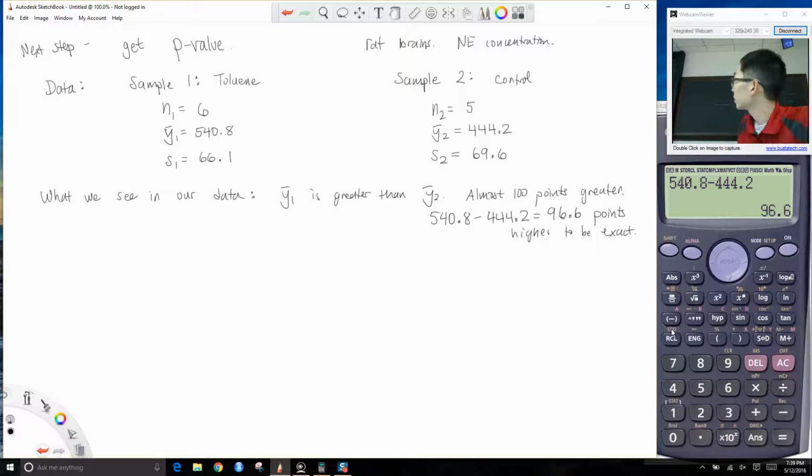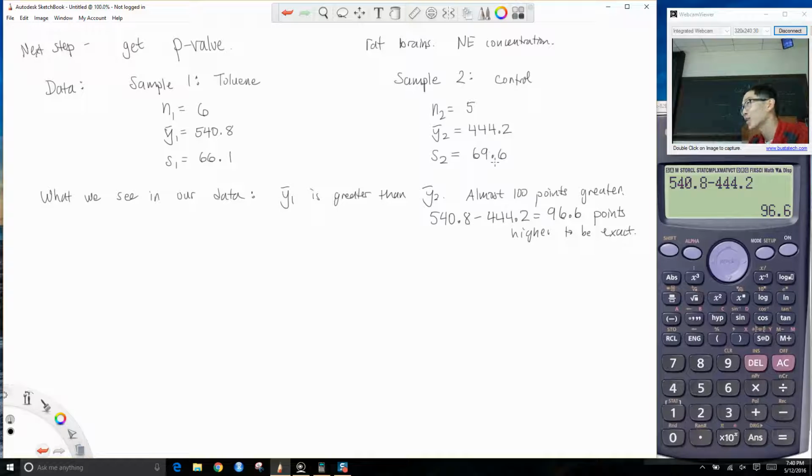So we're observing a difference of 96.6. And the question is, could this kind of difference actually just be a result of random chance? Could the null hypothesis actually be true, and we just happened to get a random sample with slightly high numbers over here and another random sample where the numbers were slightly lower over here?